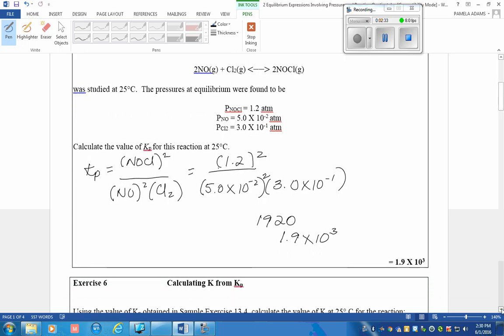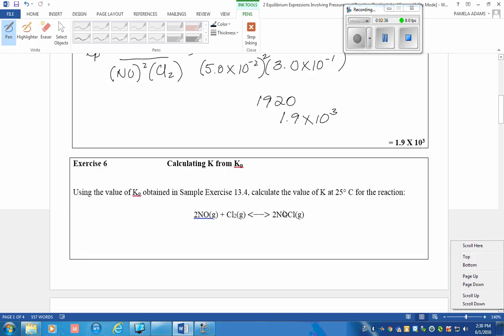Now we've been asked to take this Kp value and change it into Kc. So we recall that Kp is equal to Kc times the gas law constant times the temperature, raised to the change in moles.